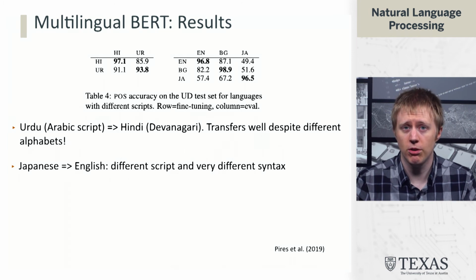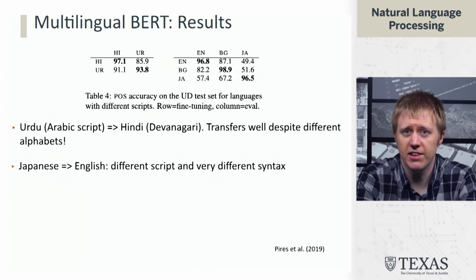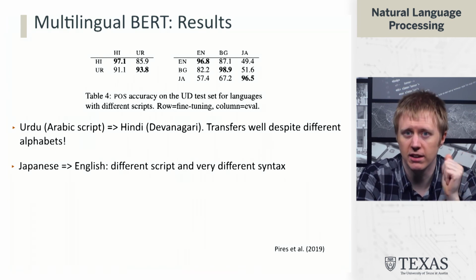And that's a very cool capability for these models to have. So there's a lot of work in building cross-lingual or multilingual pre-trained models, and this allows us to build systems that transfer very effectively between these settings without needing a lot of data.